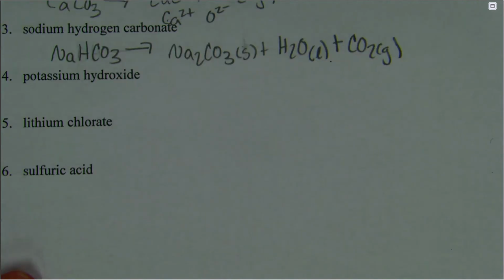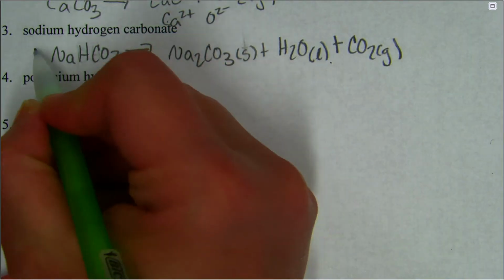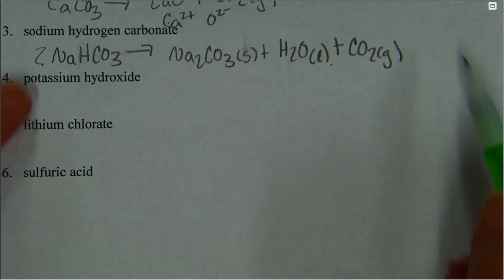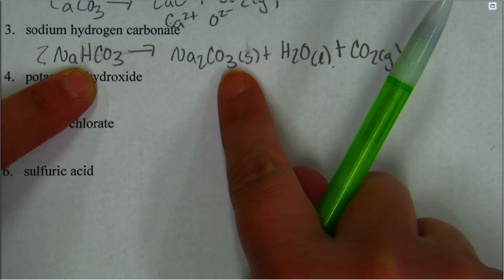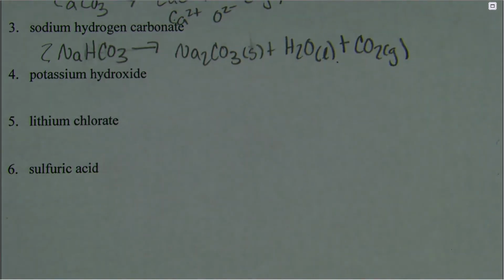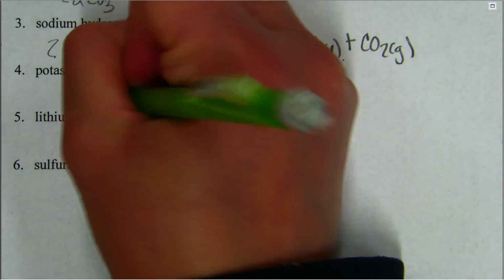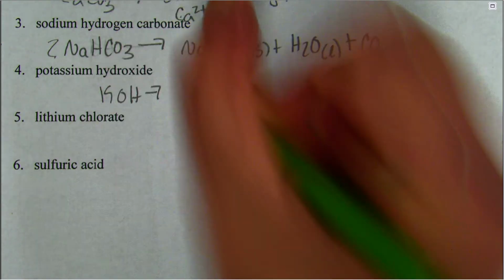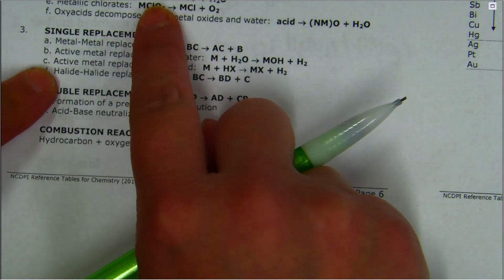Okay, so there we go. And then we just have to make sure we balance it. If I put a 2 in front, that should balance it out. I have 2, I have 2, I have 3, 4, 5, 6, 6. Yep, so there we go. We're now balanced. All right, potassium hydroxide. So potassium hydroxide is going to be a metal hydroxide.